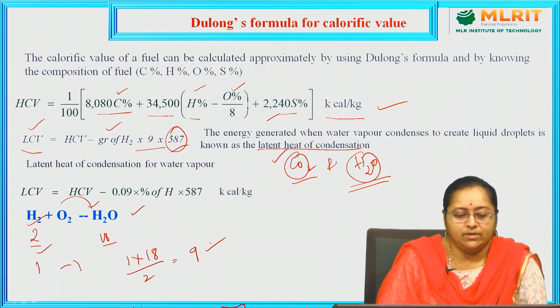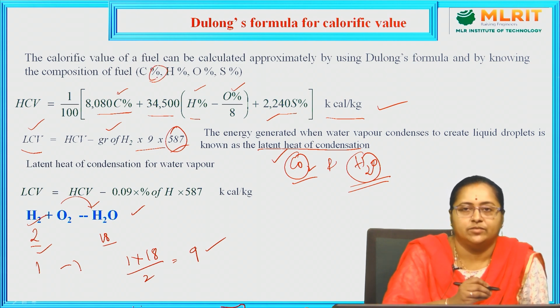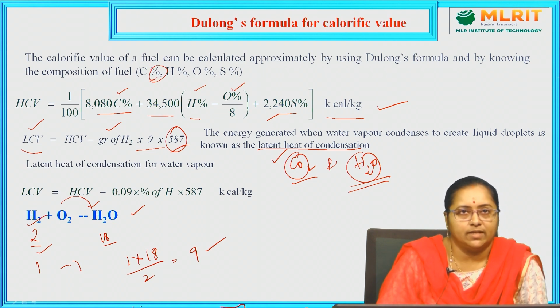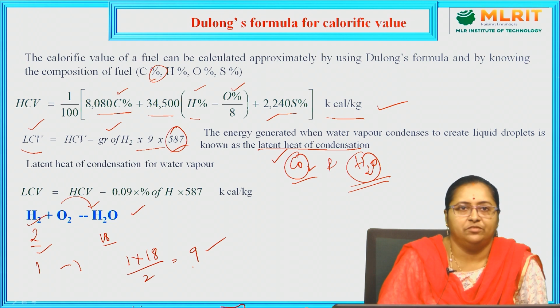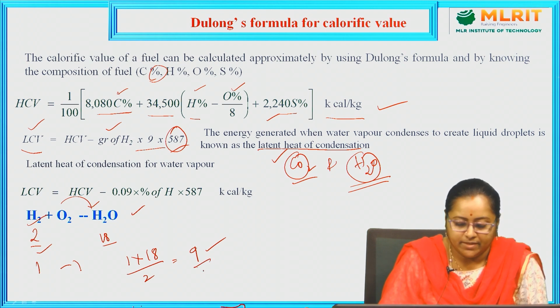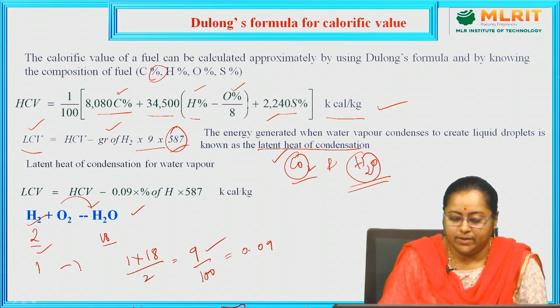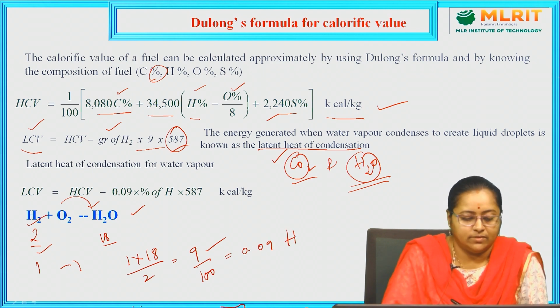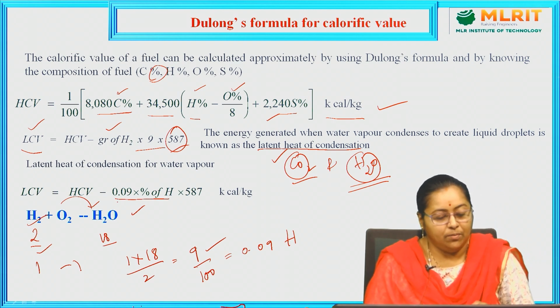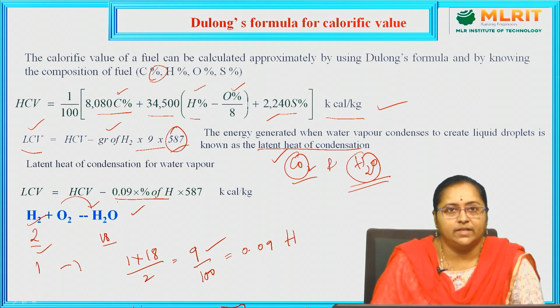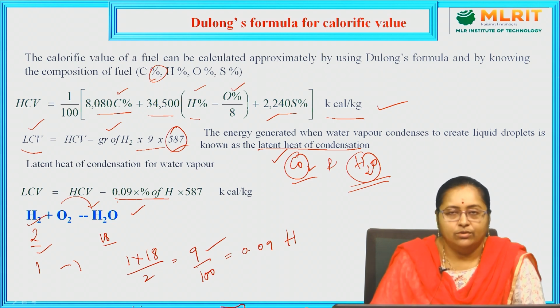As we always consider the percentage of chemical composition of a fuel sample, we need to convert this 9 in terms of percentage. That is why it becomes 9 by 100, so we get 0.09 times the hydrogen percentage. That is why we incorporate 0.09 percentage of H into 587.